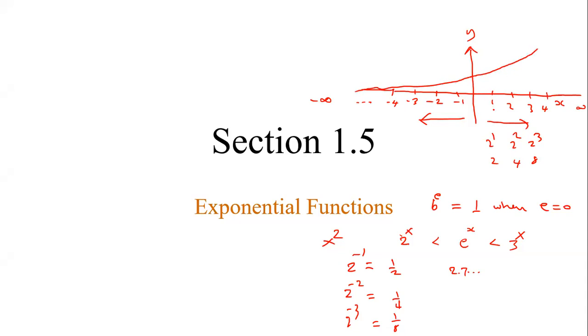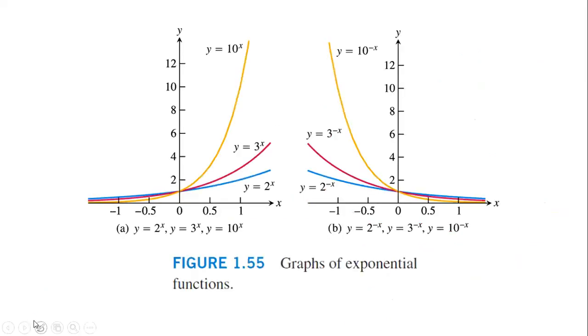Having said so, let's take a look at the graphs of these three: 2 to the power x, e to the power x, and 3 to the power x. This is the graph of y equal to 2 to the power x. See, it's stretching. By stretching, I mean it's taking more and more of the x values.